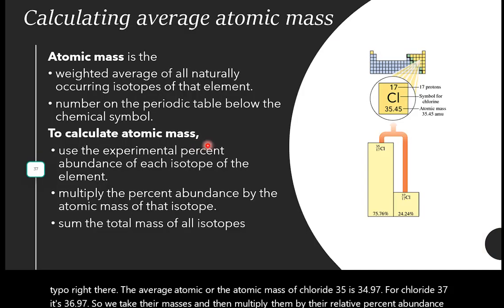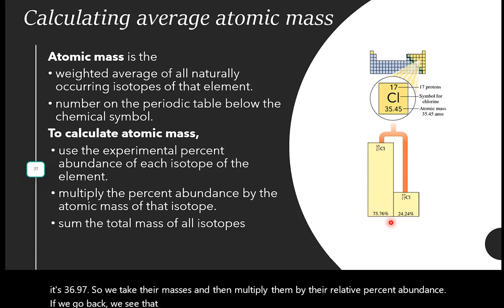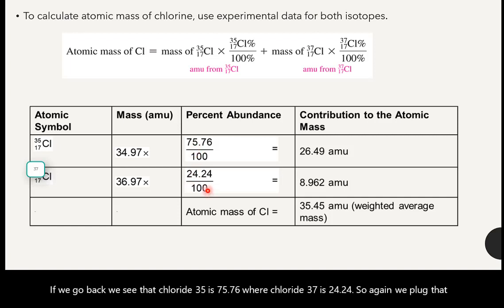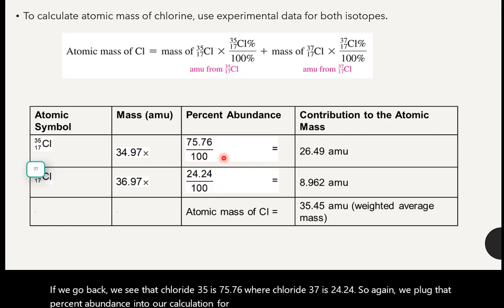If we go back, we see that chlorine-35 is 75.76, whereas chlorine-37 is 24.24. So again, we plug that percent abundance into our calculation for each isotope: 34.97 times 75.76 divided by 100 equals 26.49 AMU.